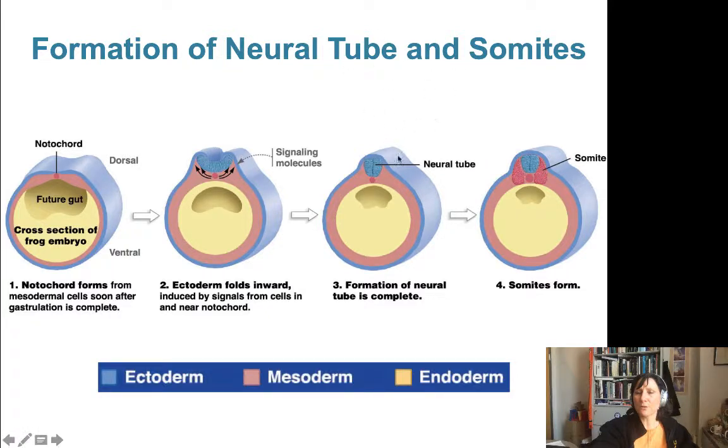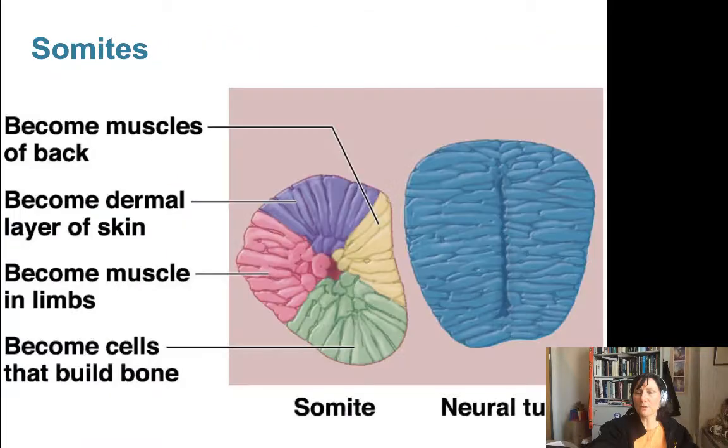After this neural tube forms, you will then have the formation of somites. These are sections of tissue that are going to form all kinds of different structures downstream. It starts out with the neural tube, and the somites that develop around the neural tube are going to form either the muscles of the back, the dermal layer of skin, limbs and the muscles, or build bone.